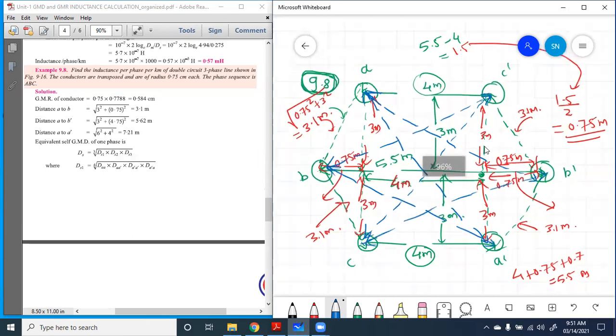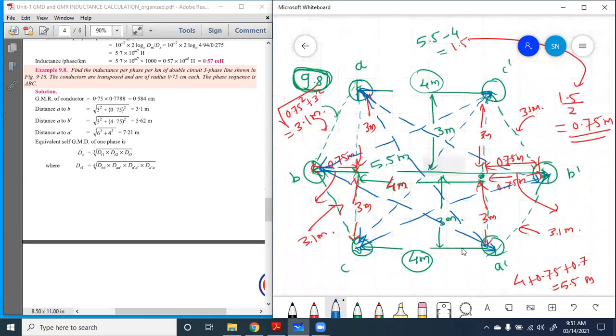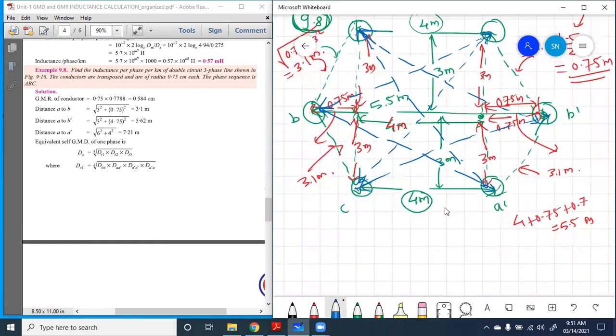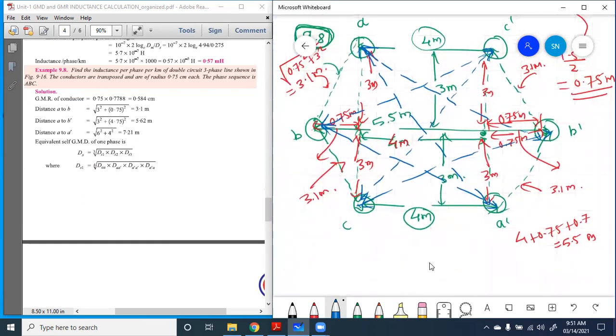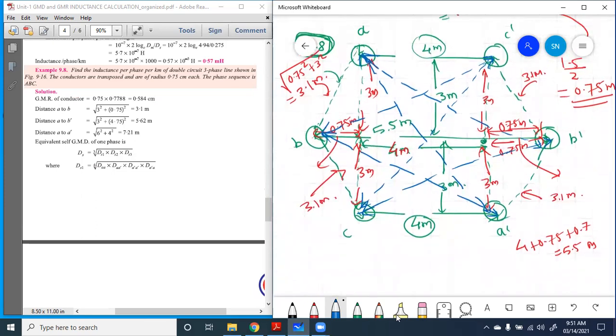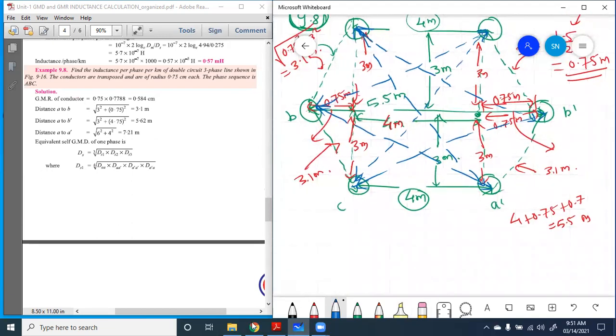Obviously, suppose we have to draw a separate small diagram. In this case, first of all, we have to calculate the distance between A and B'. How to calculate? Suppose we draw the separate diagram.